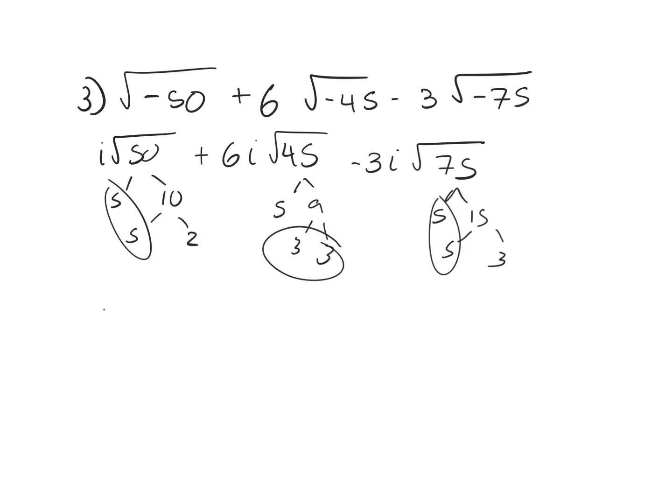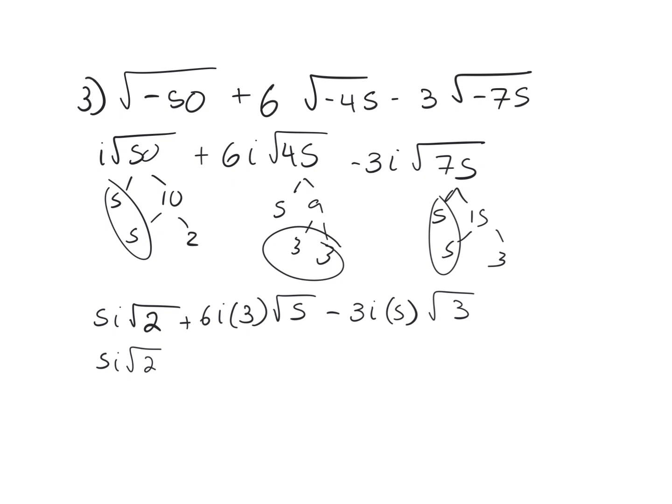So here I have 5i root 2 plus 6i times 3 root 5 minus 3i times 5 root 3, which will simplify to 5i root 2 plus 18i root 5 minus 15i root 3.